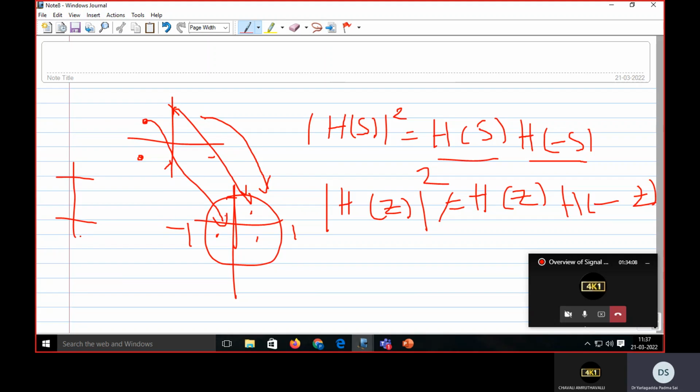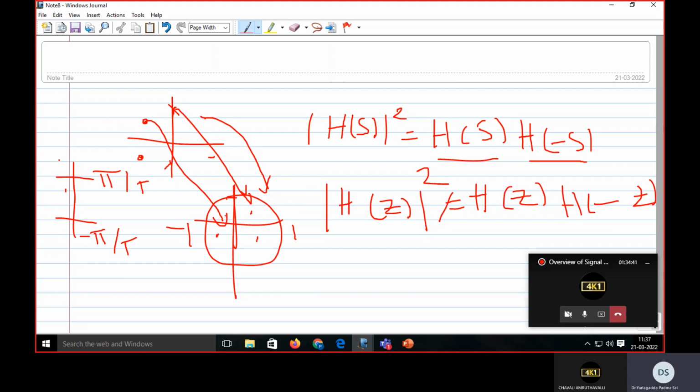Okay, if you consider some primary strip, that is minus pi by T to pi by T. When you are considering impulse invariant transformation, when you are transforming one pole in the S domain, it is always 1-to-1 mapping only. When you are considering the primary strip, 1-to-1 mapping is happening.